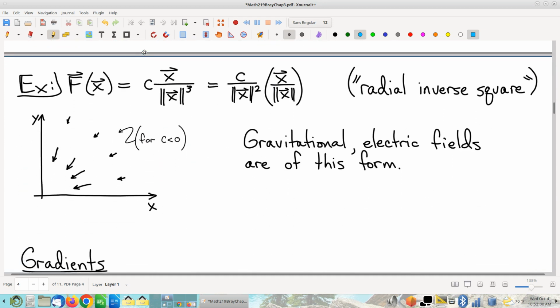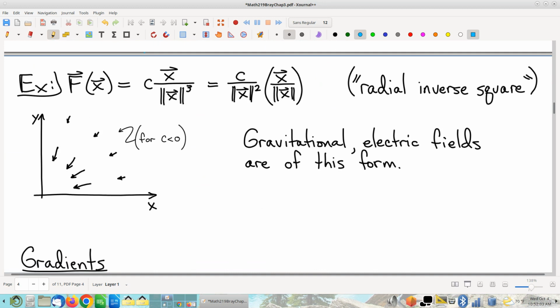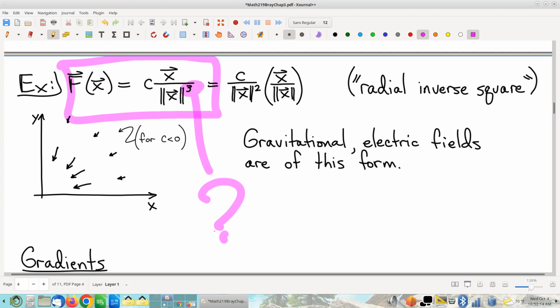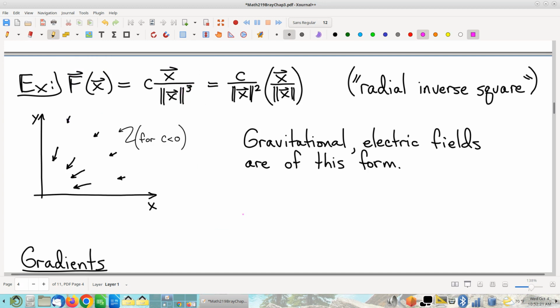Okay. All right, here's another important vector field. This is called a radial inverse square vector field, which seems weird when you look at this formula because you see that cube and you're like, wait a minute, why do they call it inverse square? Right? Well, the reason we call it inverse square is because in order to make sense out of the magnitude, you have to separate out a unit vector representing the direction before you can infer that what's left over is the magnitude, right?